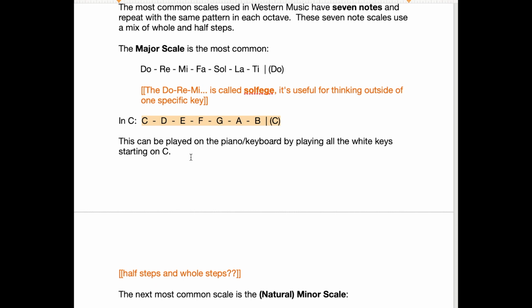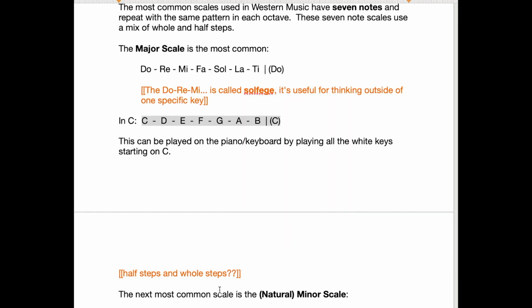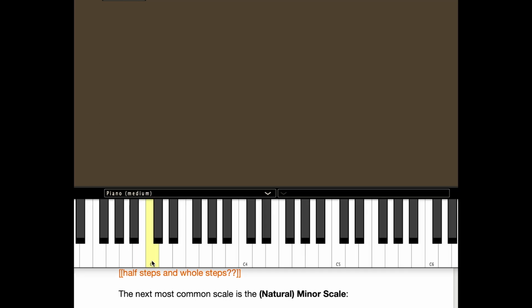So there's a correspondence between the 7 notes of a scale and the 7 white keys, and also the 7 letter names, A through G. So the major scale is the specific ordering of these notes, or we might say intervals.